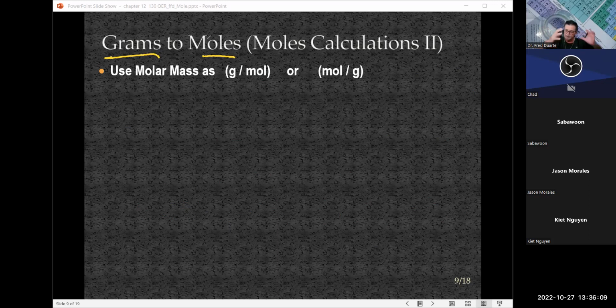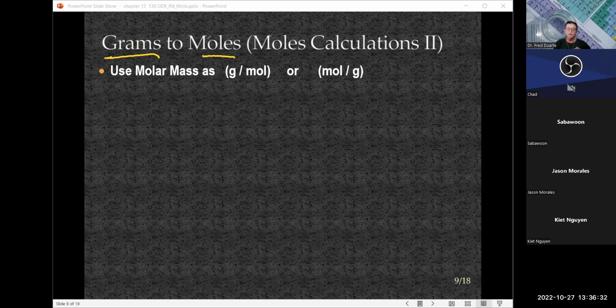So we're going to take it one step further now, where we're going to be able to convert from grams to moles, because again, in the real world, we weigh things out in grams. We're not dealing directly with moles. We have to know the moles involved in the reaction, but we don't have a balance that weighs moles. You weigh it in grams.